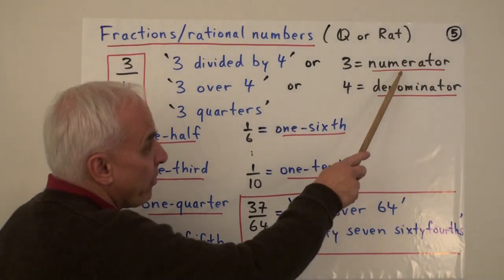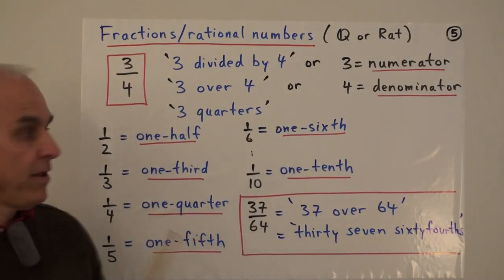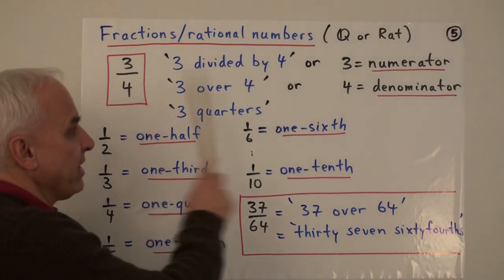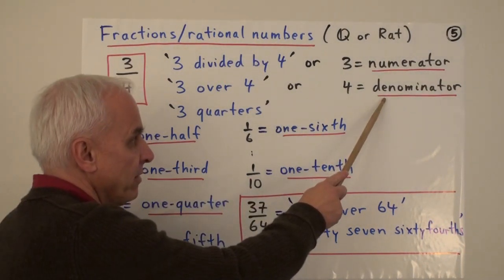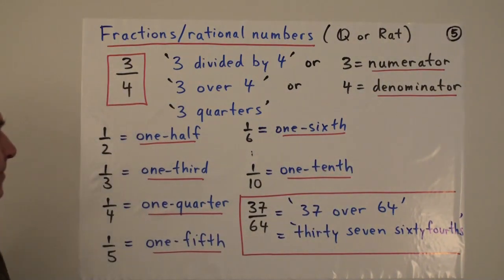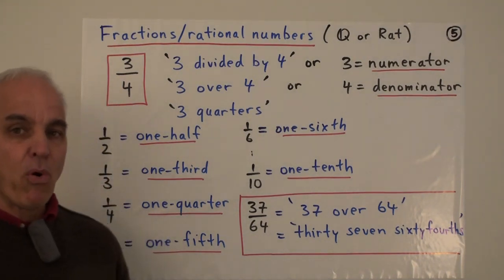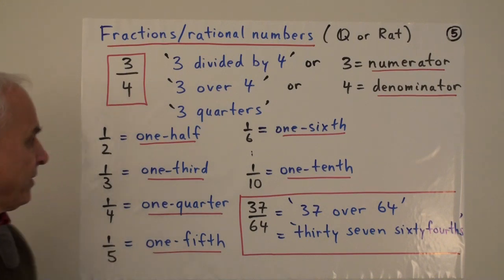Very important to remember that the top number is called the numerator, while the bottom number is the denominator. All right, so numerator on top, denominator on the bottom. There are some simple fractions which are especially important, that come up a lot.